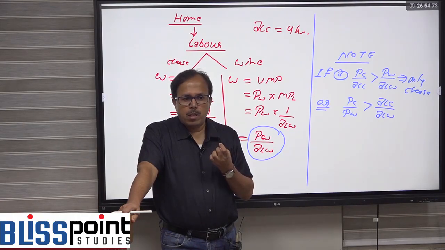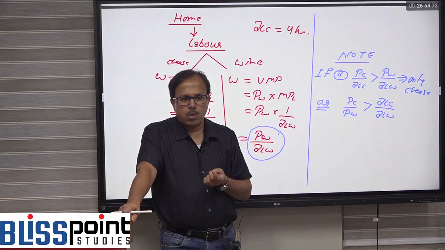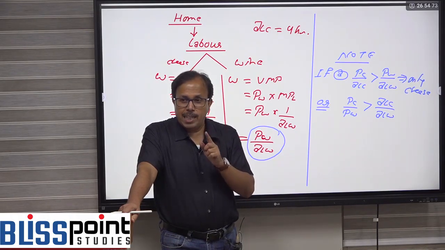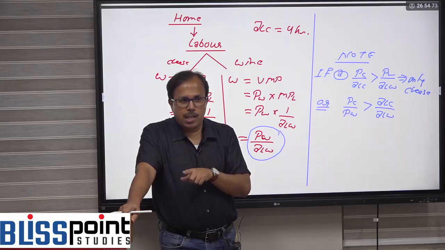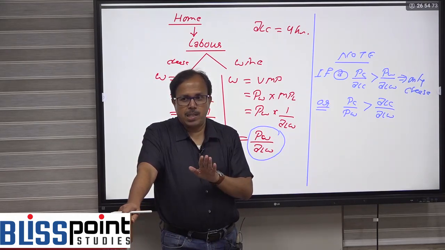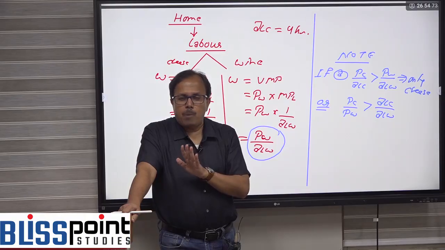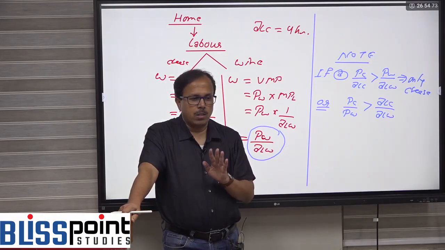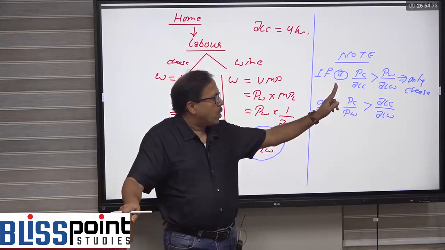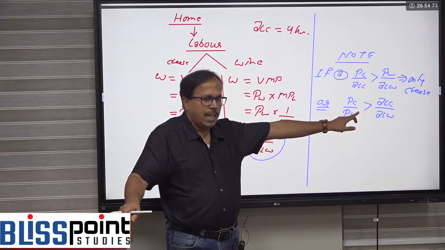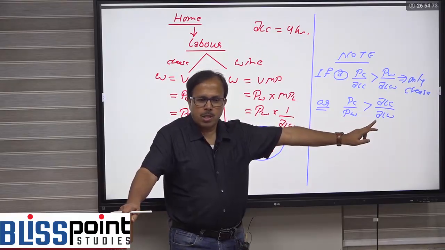ALC by ALW is the opportunity cost of cheese. So when will the country produce only cheese? If the relative price of cheese is greater than the opportunity cost of producing cheese, then the country will produce only cheese.